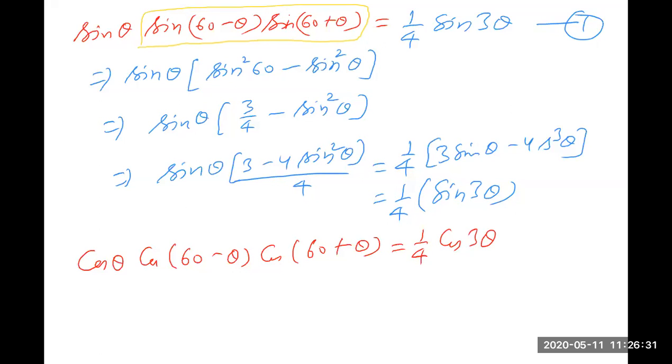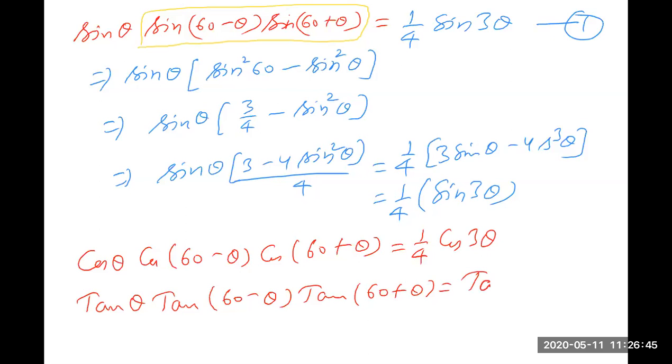And if I divide both, I will get tan theta, tan 60 minus theta, tan 60 plus theta is equal to tan 3 theta. 1 upon 4 will cancel. So these three are very important formulas. Must remember.